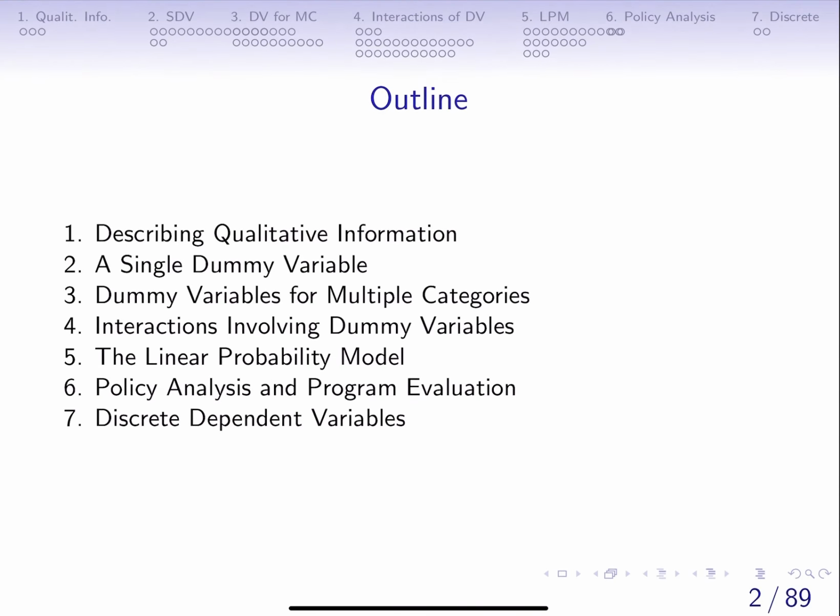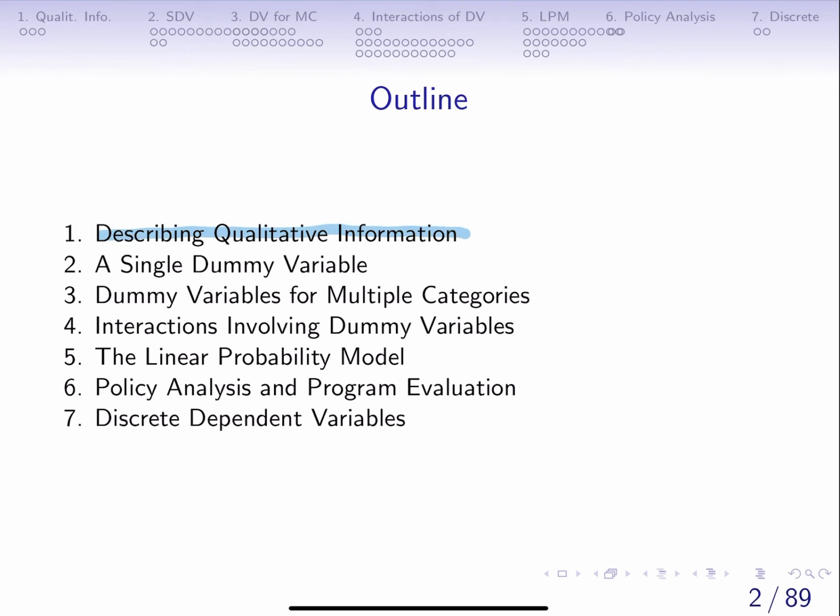So the outline of the chapter would be, first we're going to look at how we describe qualitative information. Qualitative information from the examples that I just described comes in many different forms, so we're going to see how to describe that.